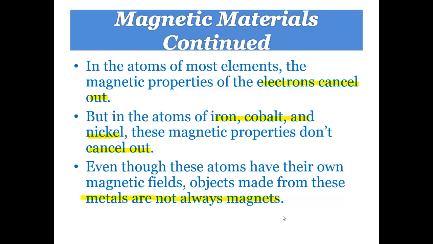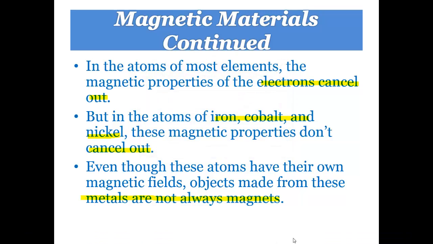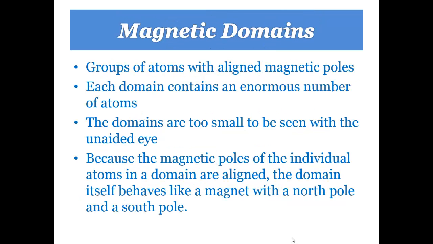But then they also have to have the next step, and that's called the magnetic domain. Within each particular element, you have these groups of atoms, and they have to have a certain alignment.